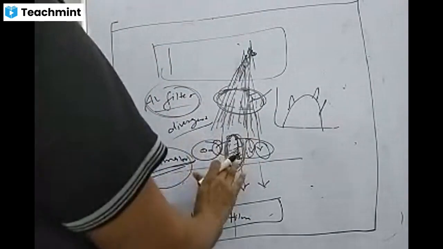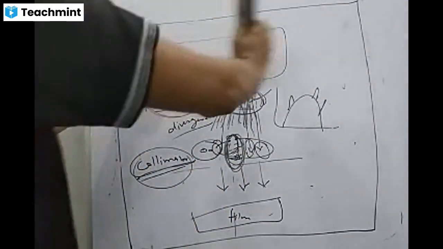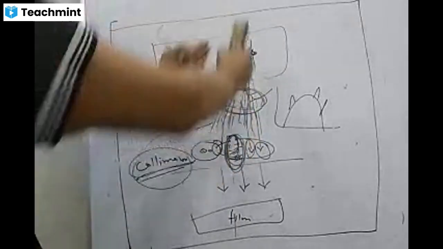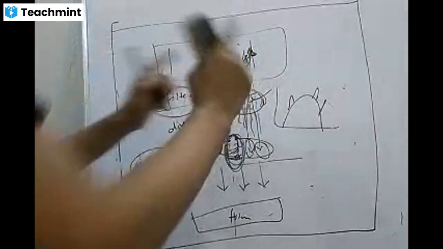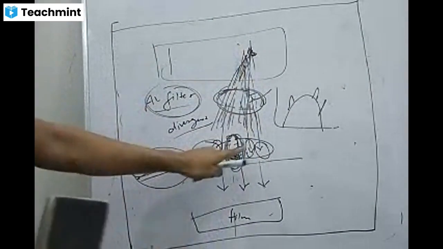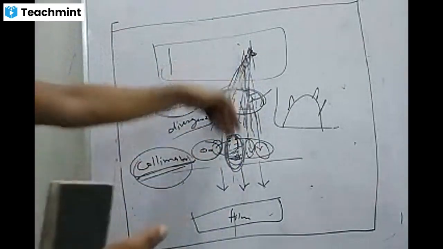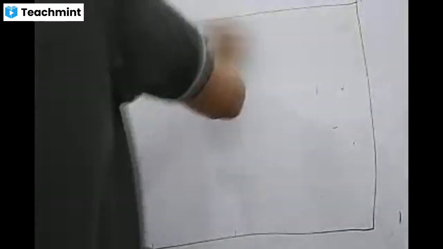So this portion we covered in the last video: how X-rays are produced, how the beam is produced, how to remove the soft X-rays, then making it directional. Now it is going to hit the patient. It is going to strike the patient. So our today's topic is about how the directional X-rays interact.